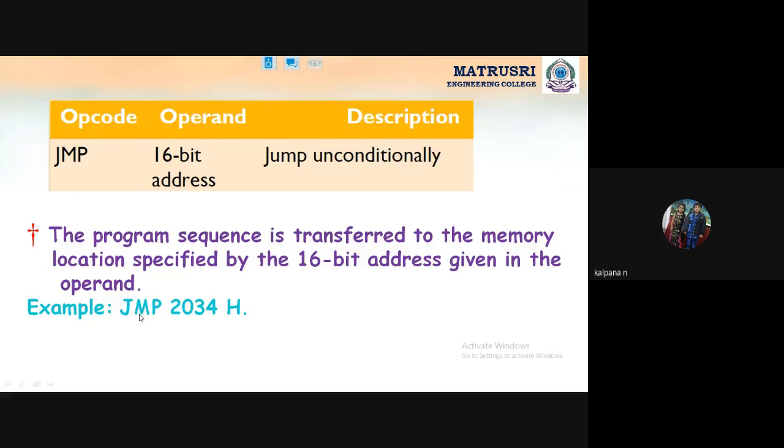Wherever we mention this instruction in the program, during its execution our cursor jumps directly to 2034 from any place. If our cursor is at 1000H, it will jump to 2034. If our cursor is at 3034, then also it will jump to 2034.